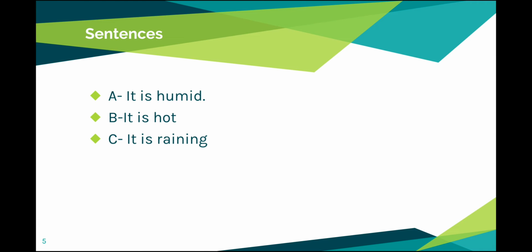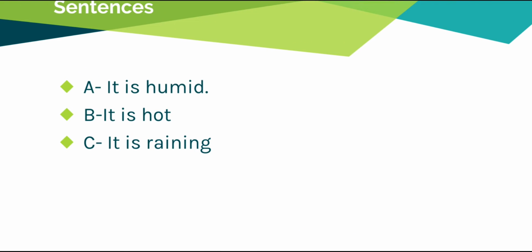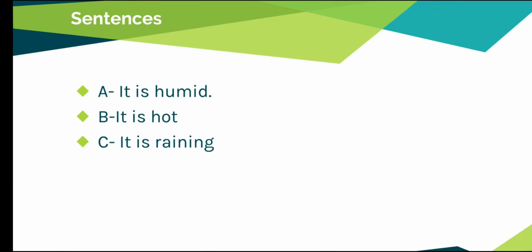Now let us try to understand this table using examples. One more thing before going further: I said sentences, right? If you consider a sentence like all the roses are red, over here we are using the word all.